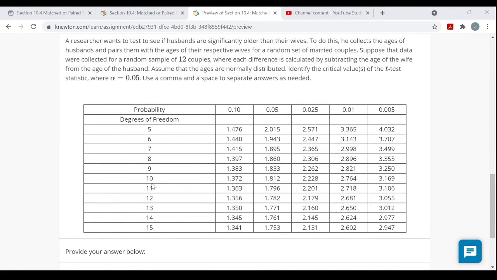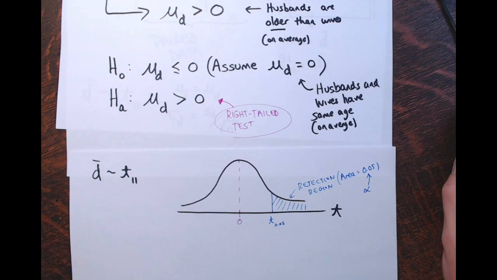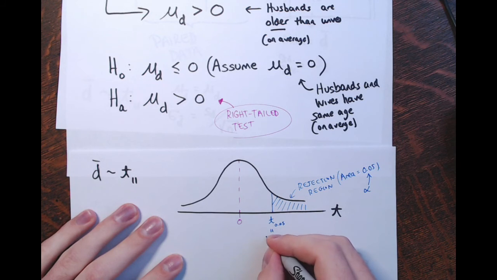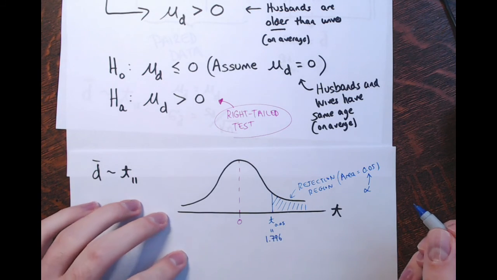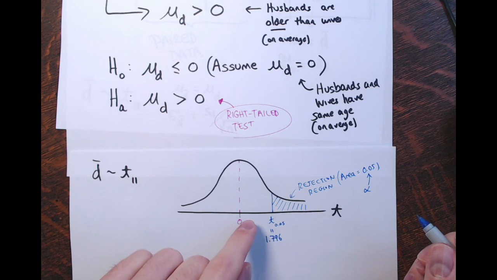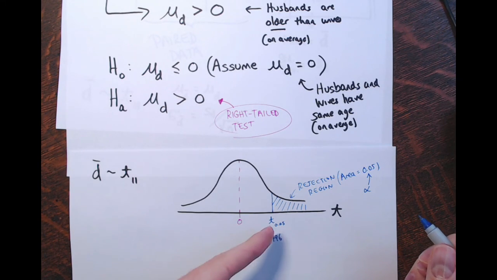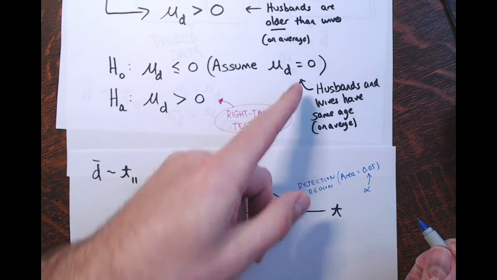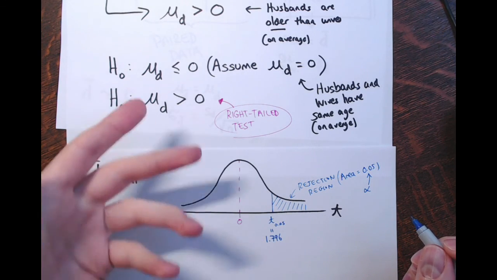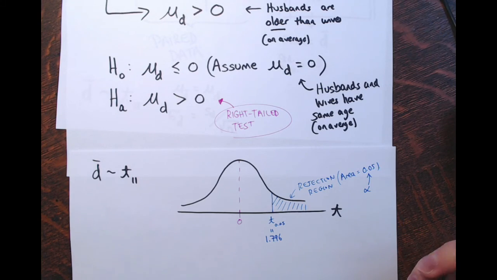Again, degrees of freedom 11, so I'm in this row here. And then what's the area above that I wish for? I want 5% above. So 11 degrees of freedom, 5% above that. What t-score is that? 1.796. So this score here is 1.796. And when we calculate our test statistic, if it comes in above this, we'd reject the null hypothesis. If it comes in below this, we don't reject the null hypothesis. Simple as that.